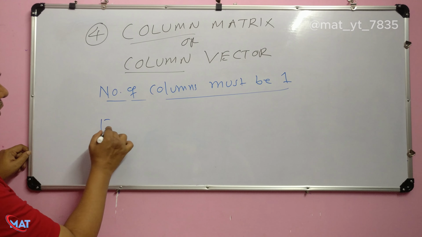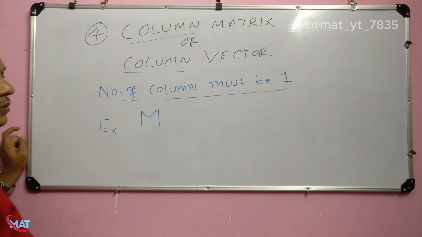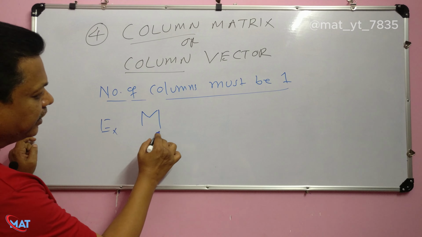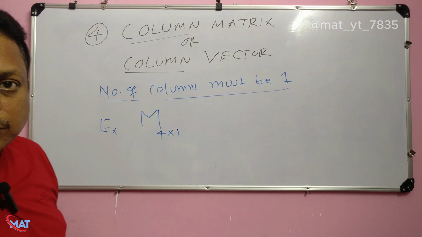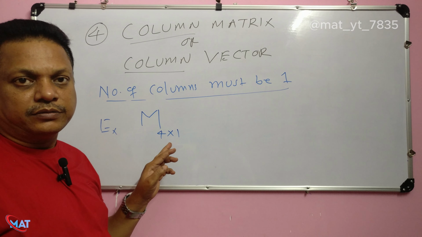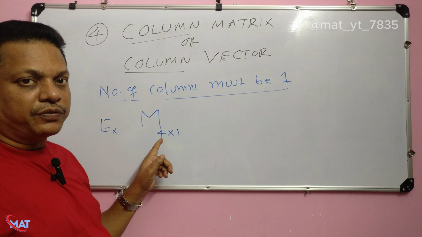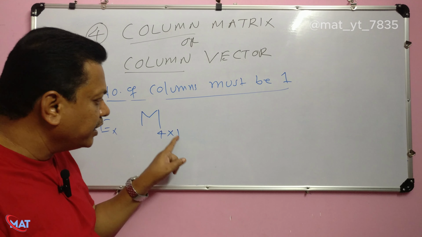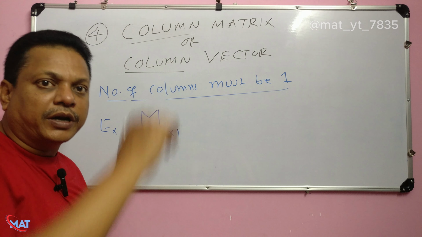For example, take capital M as the name of the matrix; rows can be more than one. I will take 4 by 1. For any matrix you must write the row number first. So it contains more rows: 4 rows and only one column. Because the column number is only 1, it comes under column matrix. If the row number is 1, it comes under row matrix.